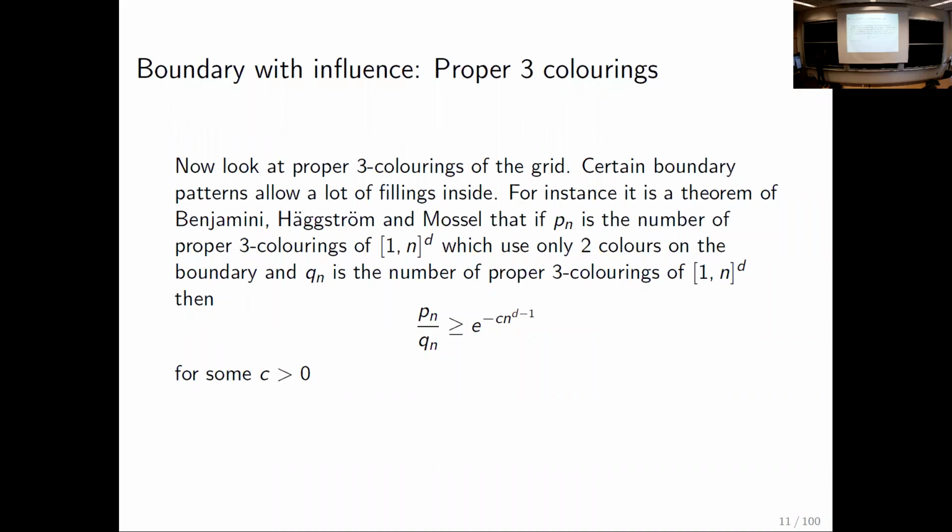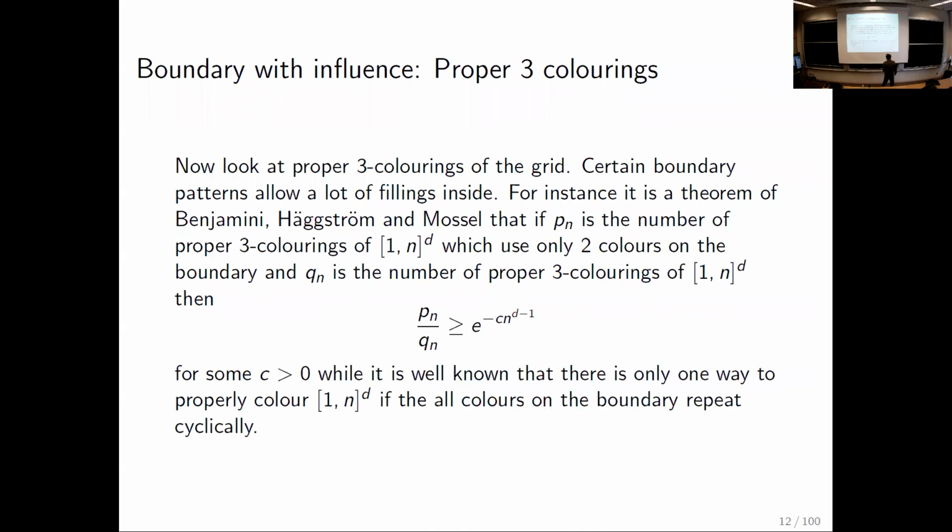This is orange, but this is another color. And it turns out that the same phenomenon is still true. If you look at colorings with this kind of boundary, and if you look at colorings without any constraints on the boundary at all, you will still have a bound on this side. You will still have a lot of colorings there.